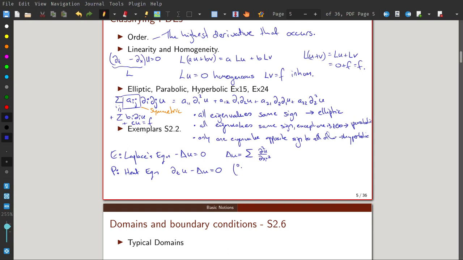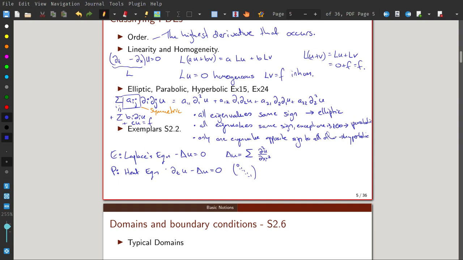So if you like, the matrix A, if time is the first coordinate, there's no second derivative with respect to time. So you get a 0 there. And then I guess this is -1, -1, -1, -1, and so on. All the rest, you just have the negative of an identity matrix here. So they all have the same eigenvalues. So in total, we have one eigenvalue of 0, and then the rest are all just plus or -1, depending on your sign convention. And so that is parabolic, right? All the eigenvalues are the same sign except for 1, which is 0.